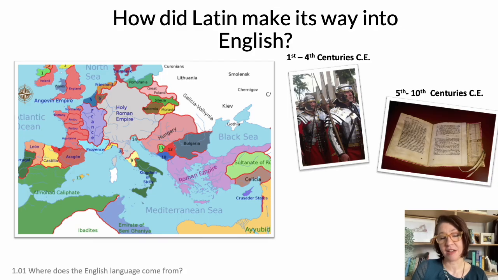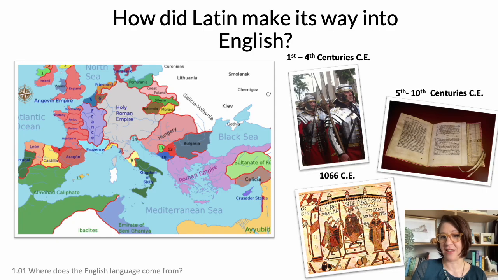And this, or 1066 to be more specific, is when a group of French-speaking Normans decide to take over England as William the Conqueror defeats Harold in the Battle of Hastings. In doing so, he brings the French customs and its language to England, and the language spoken by the Normans is indeed an evolved form of the Latin spoken by the Romans.